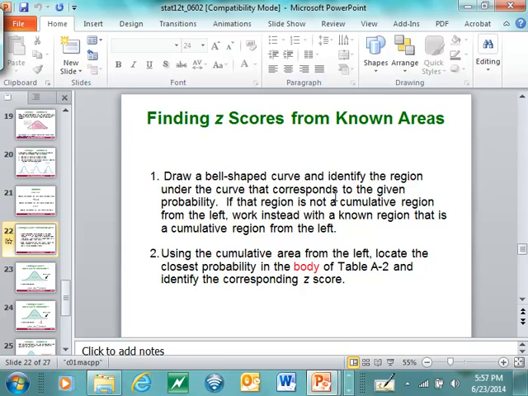If that region is not a cumulative region from the left, work instead with a known region that is a cumulative region from the left. Because when you look up those areas in the table and work backwards to find the z-scores, remember, those probabilities are for areas under the curve to the left. So you locate the area to the left and then work backwards to find the corresponding z-score.